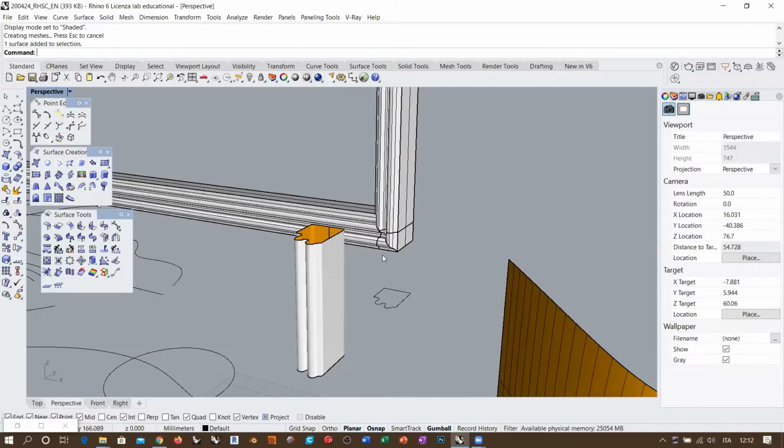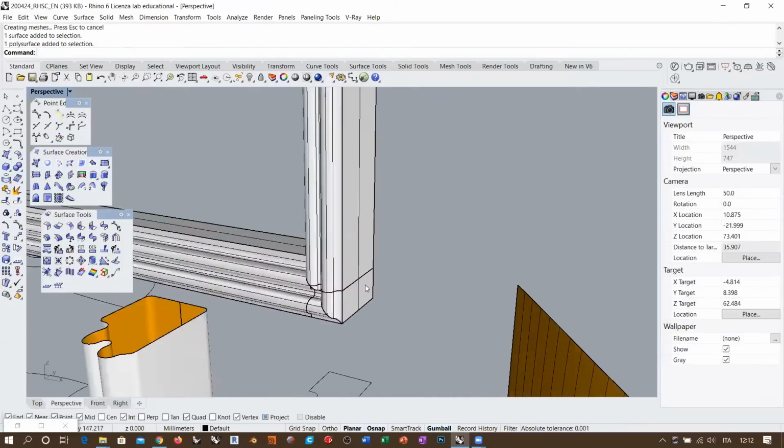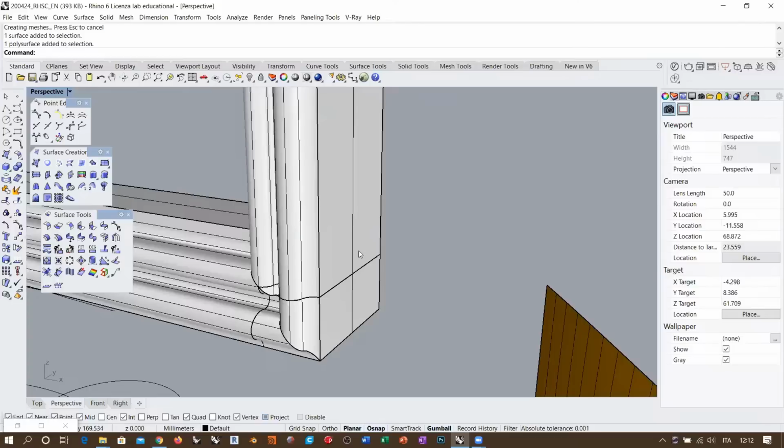Now, if you want to get rid of this separation here, you can also tweak the result of the sweep one rail. You can avoid this kind of separation, but you cannot avoid this separation here.